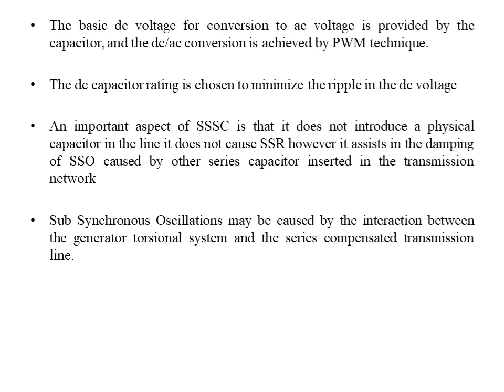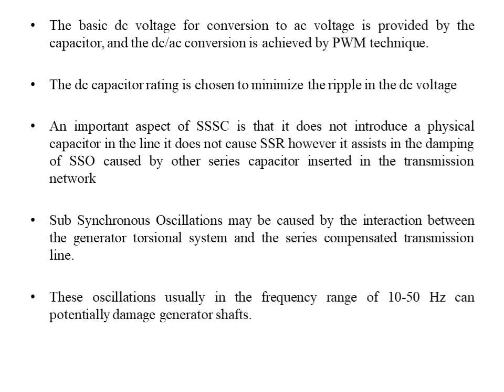It damps out the subsynchronous oscillations that may be caused by interconnection between the generator torsional system and the series compensated transmission lines. These oscillations, usually in the frequency range of 10 to 50 Hz, can potentially damage the generator shaft. So it is important to damp out these subsynchronous oscillations.